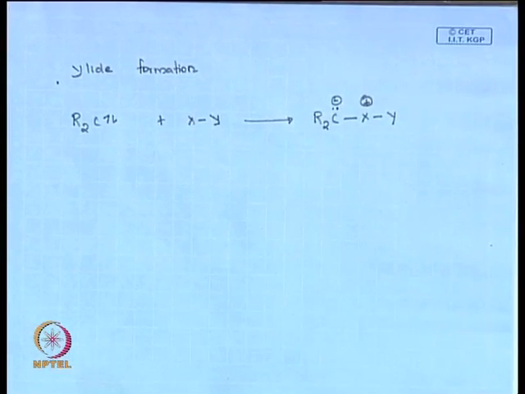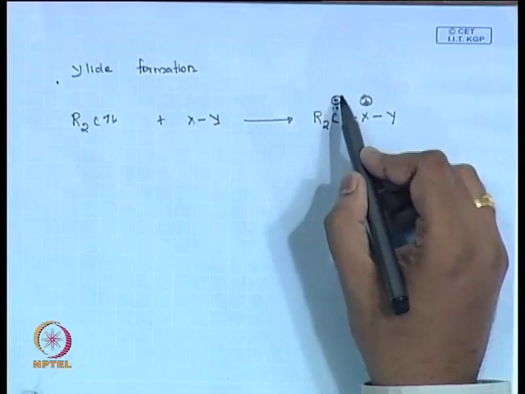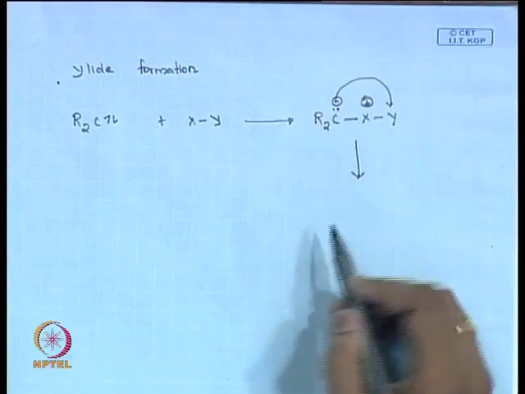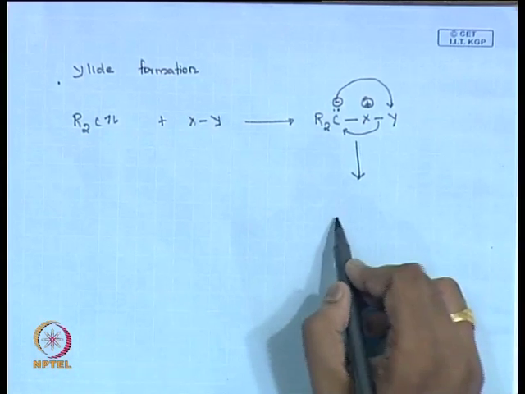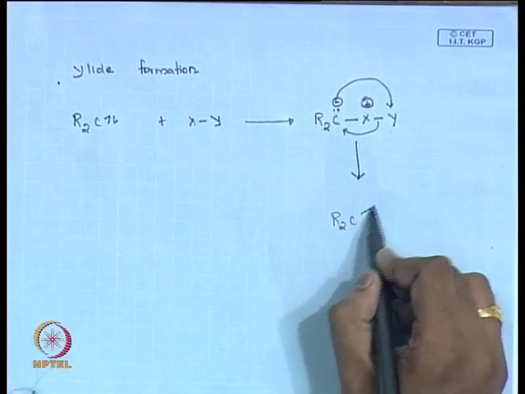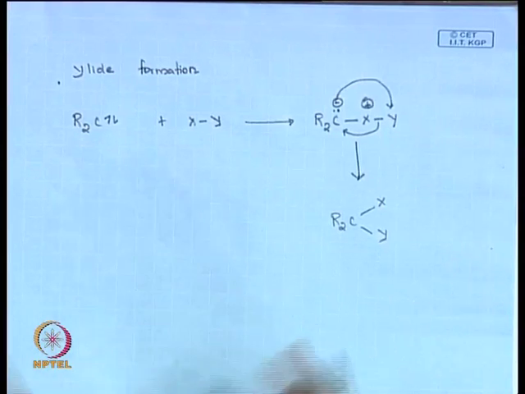This you can make if it is a type of halide. Then I can push this Y to give me R2C, X and Y. Normally you can do this with this type of halides. Slowly these chemistries have started.